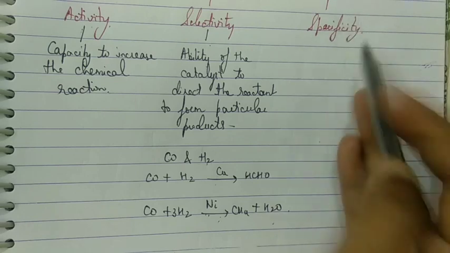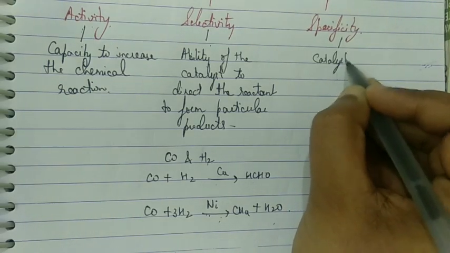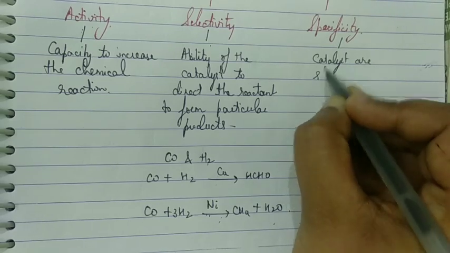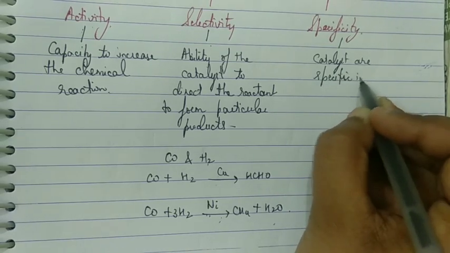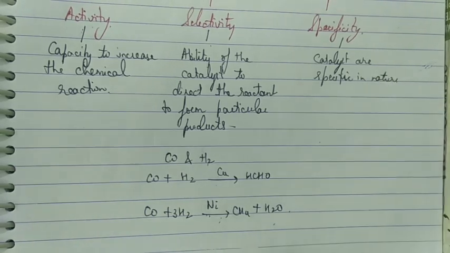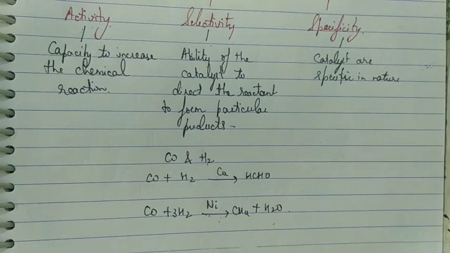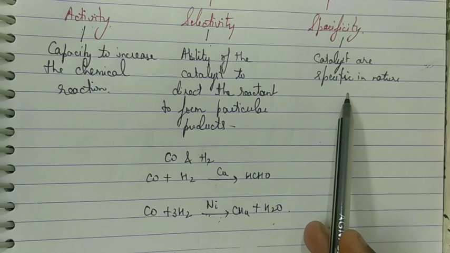So, by this we can say catalysts are specific in nature. Only one catalyst can be taken in any particular reaction. It cannot act as a catalyst in all the reactions.